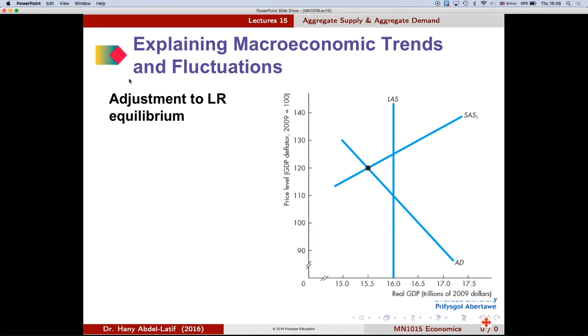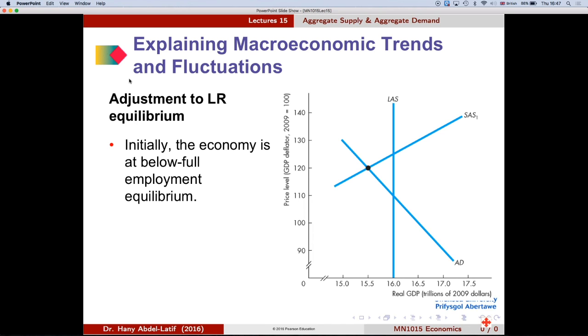The potential GDP level here is denoted by this long run aggregate supply. So we agreed before that because the long run aggregate supply does not depend on the price level, it takes this vertical form, and 16 here should be the potential GDP.